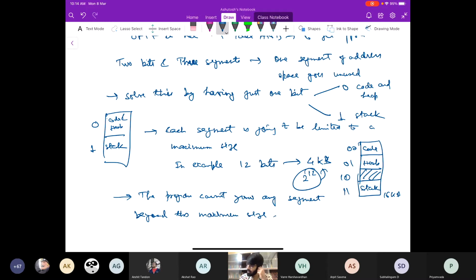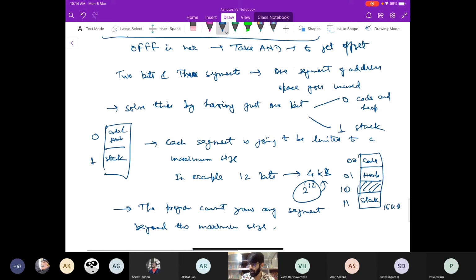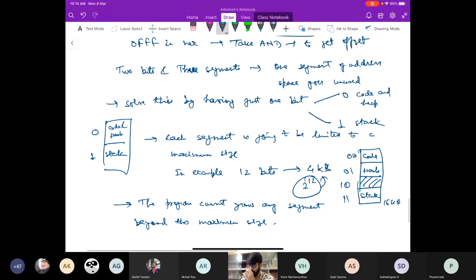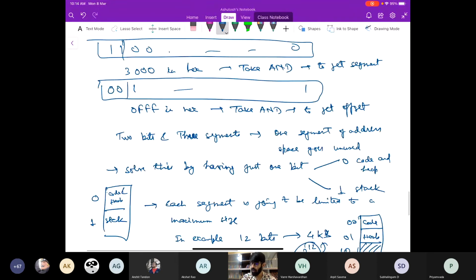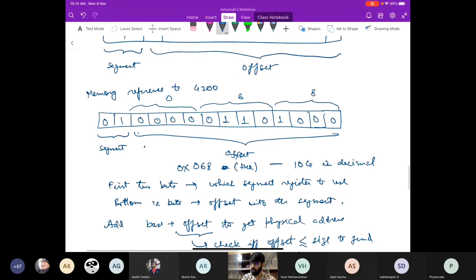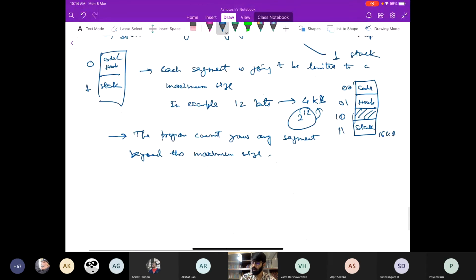These are the issues with this approach. Today we are going to see this only, and we'll get slightly more into detail about what can be done with this. So this was the explicit approach, which said that the first 2 bits of the address are going to determine which segment it belongs to.